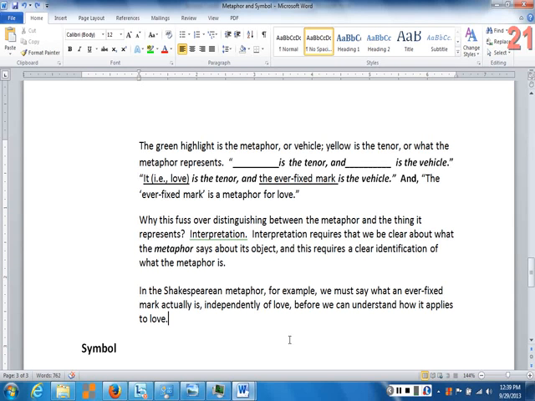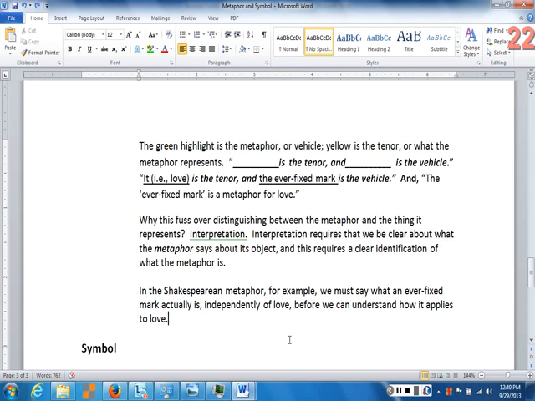We're not going to jump to conclusions about what Shakespeare is saying about it, that is about love. We're going to look carefully at the metaphor itself, and then we're going to say, oh yeah, okay, love is steadfast. Love is always there. The light of love, like the light in the lighthouse, does not go out. And furthermore, like that ever-fixed mark, love can guide us.